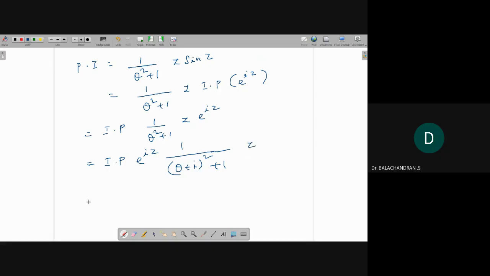So this is equal to the imaginary part of e^(iz) into 1 by (θ² + 2θi, since i² is minus 1, plus 1) z.